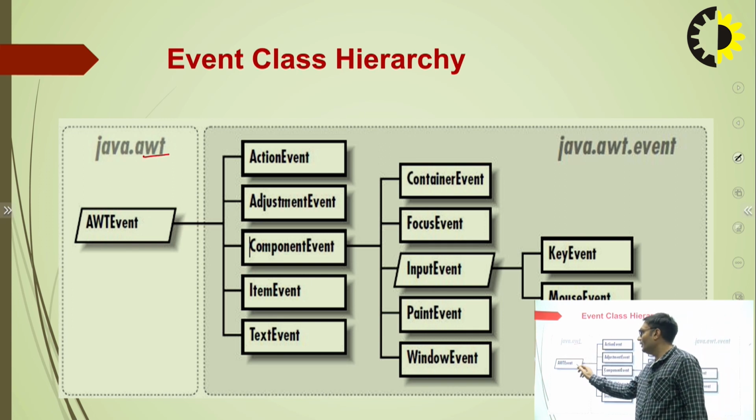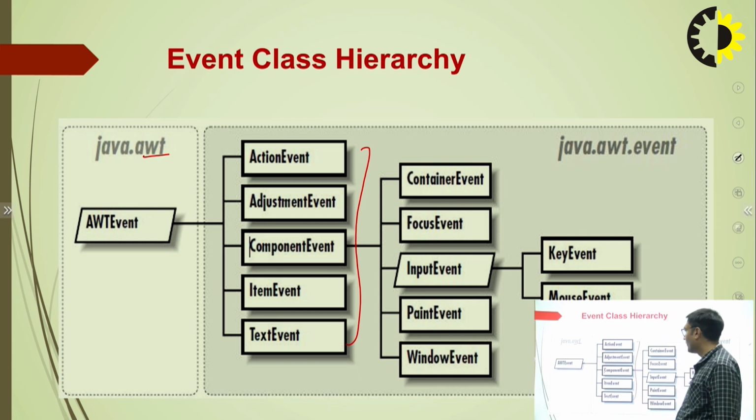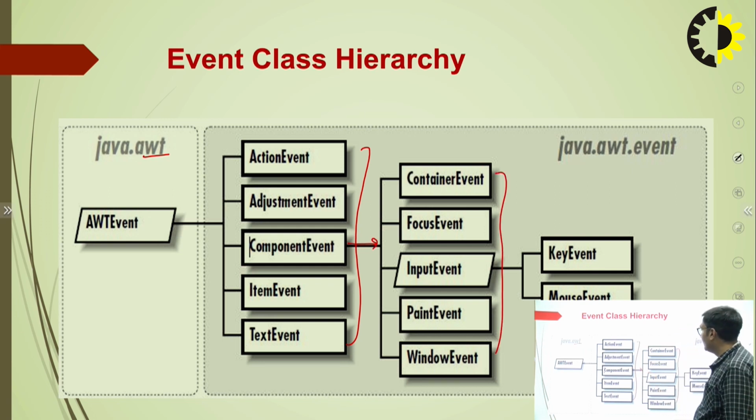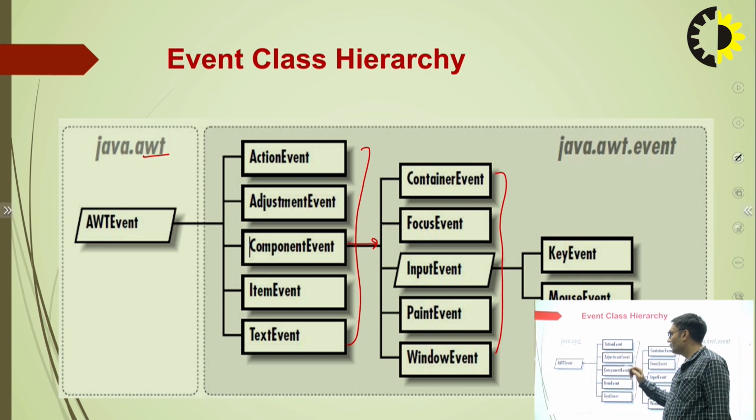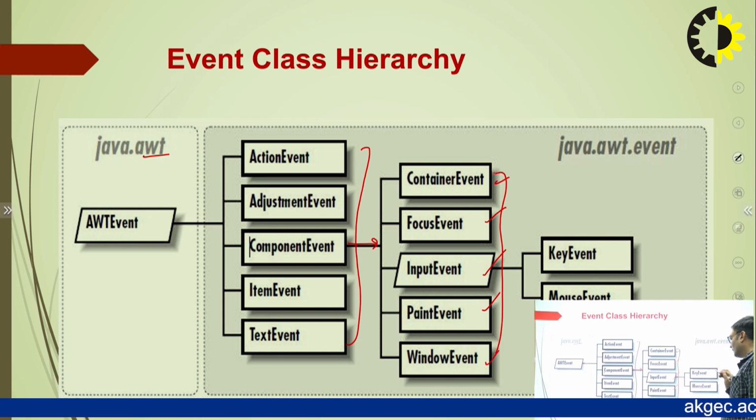So AWT events are categorized broadly into 5 categories, like first action event, adjustment event, component event, item event, text event, and the further category of component event is container event, focus event, input event, paint event, window event, and input event is further categorized into 2, keyboard event and mouse event.